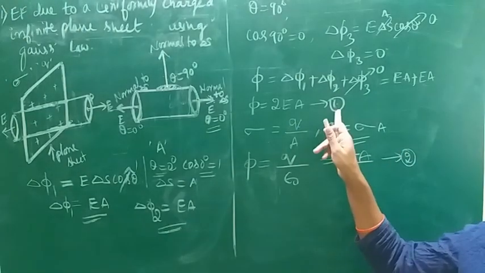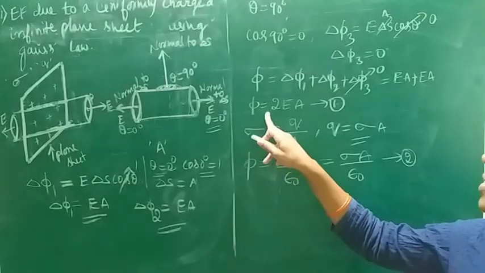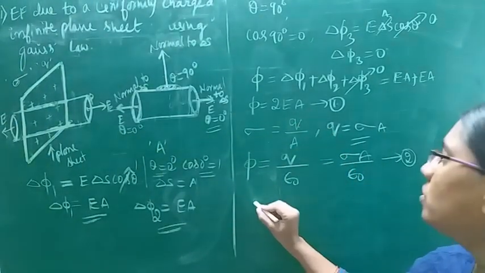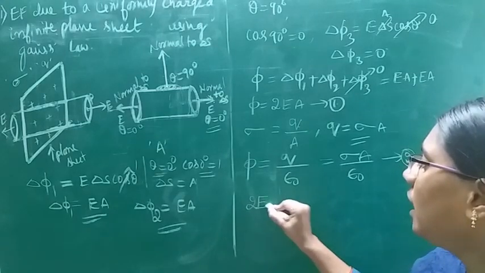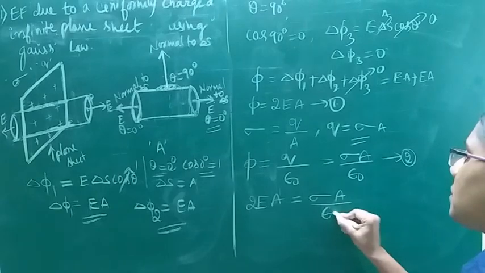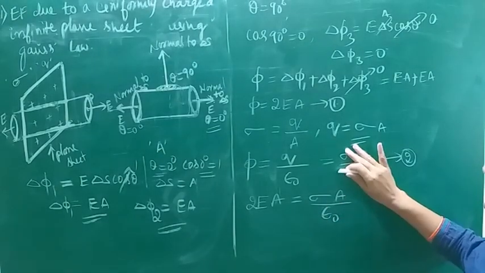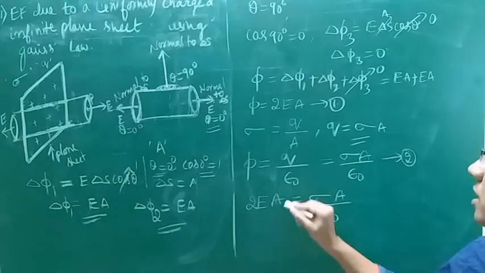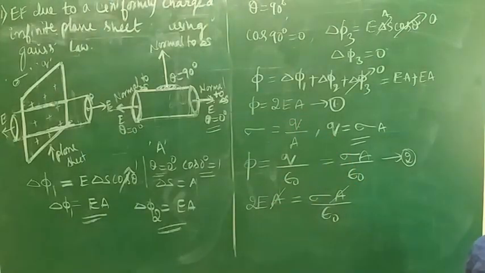Now we know from equation 1 that phi is 2EA. Substitute the value of phi in equation 2. So 2EA is equal to sigma A divided by epsilon naught. In place of phi, I have written 2EA. This A and A get cancelled.